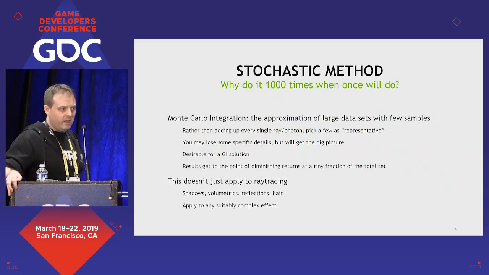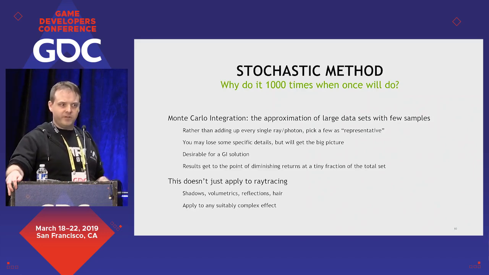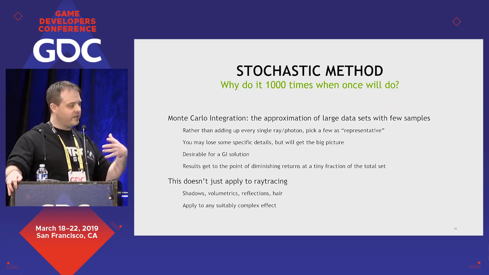So I'd like to take a step away from ray tracing just for a moment to talk about something which is equally important to this process, and that's the stochastic method, stochastic analysis, sometimes referred to as the Monte Carlo method.